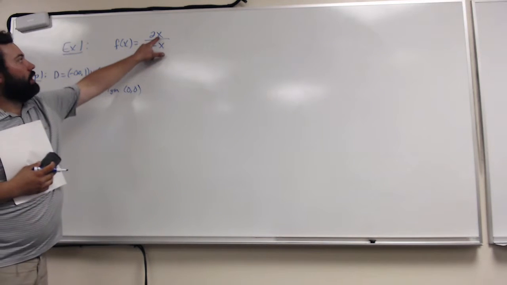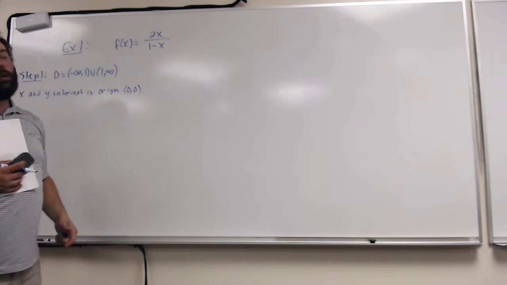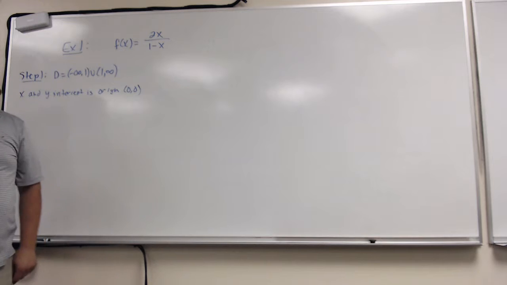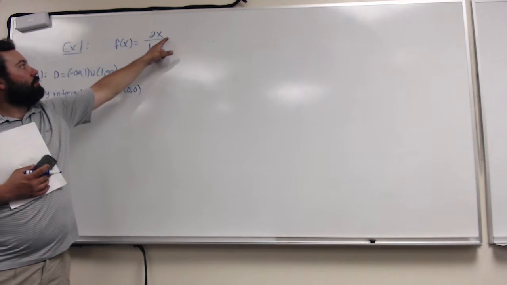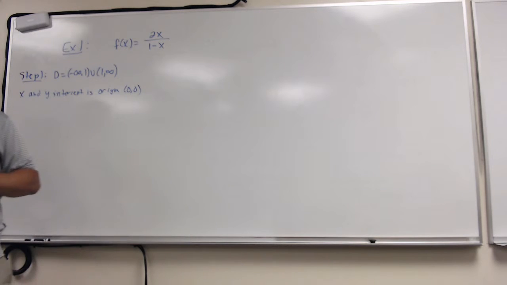That's because when I plug in 0 for x, that's telling me what the y-intercept is. If you plug in 0 for x, you get 0. And the only time this fraction equals 0 is when the numerator equals 0, which is at x equals 0. Okay, so you find your x and y intercepts, you're going to find you only get the origin.